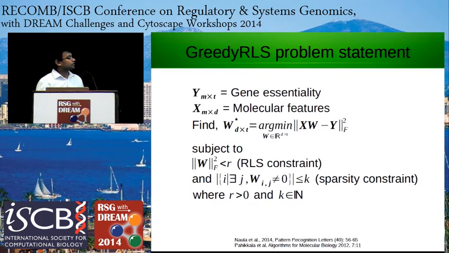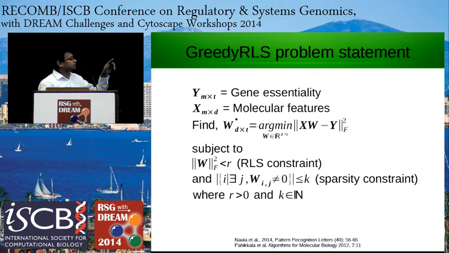So the problem of greedy RLS is finding the matrix of weights, where we have D rows. For each variable, we have a row of weights, and there are T columns for each of the tasks.